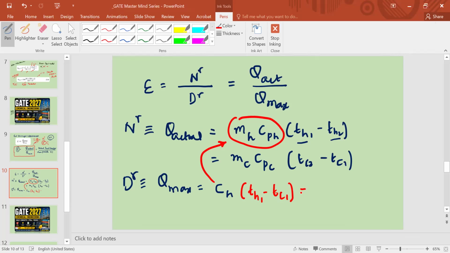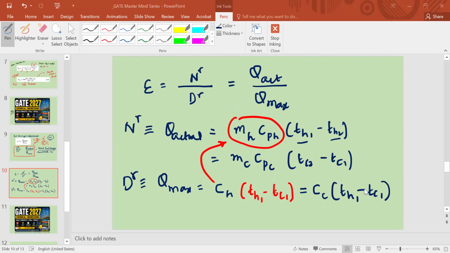And we can also write this in terms of the cold fluid, if I write CC, but this remains the same.